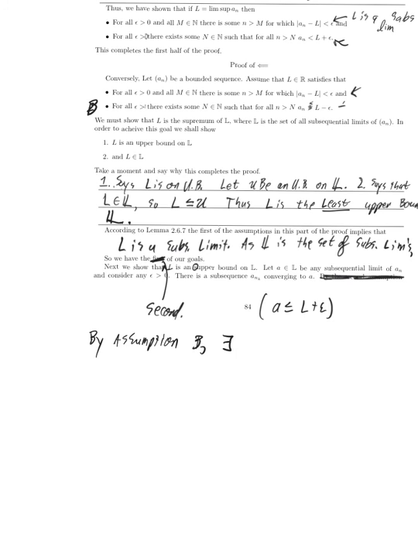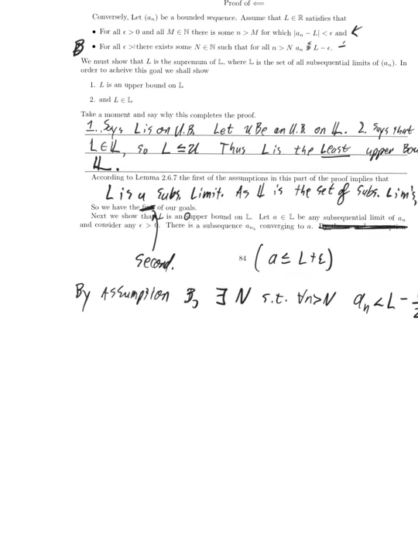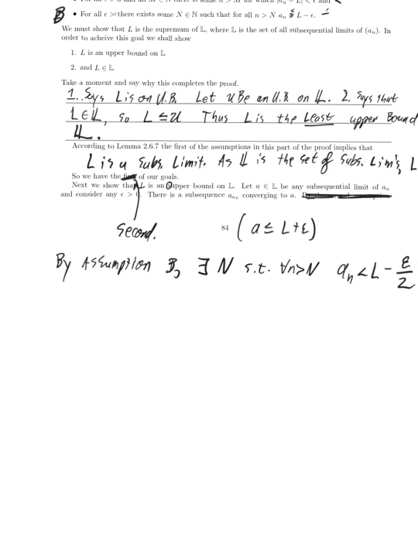There exists some threshold value big N such that for all little n bigger than big N, A sub n is less than L plus epsilon. And maybe I'll even be safe and say A sub n is less than L plus epsilon over 2. Epsilon over 2 is positive, so I can still say that.